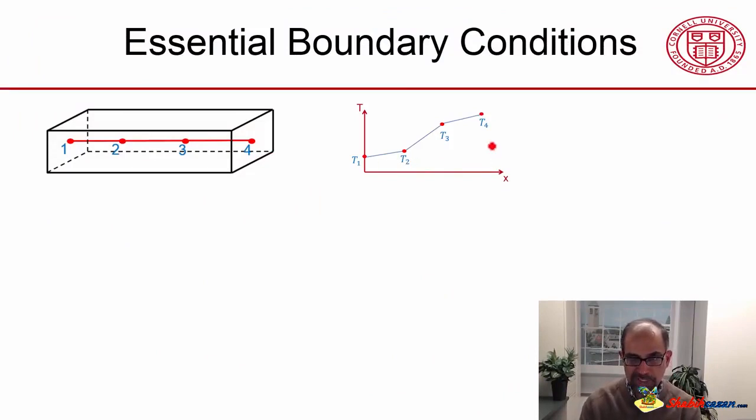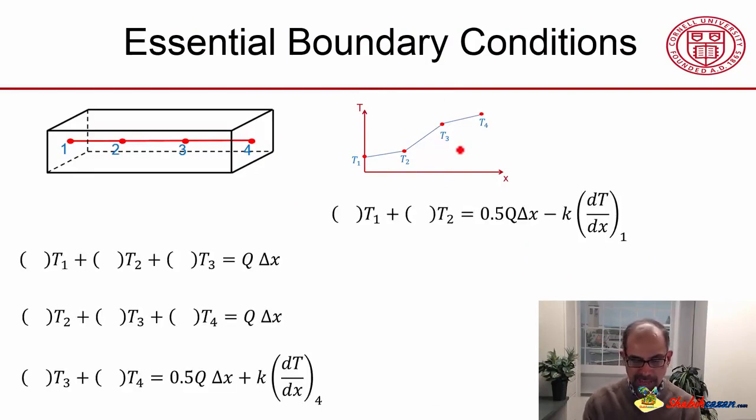And this is the assumed shape for our temperature. And we have 4 algebraic equations here relating temperatures at neighboring nodes. And I've brought the equation at the first node onto the right-hand side.